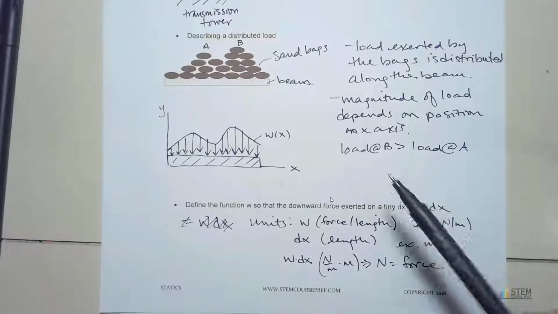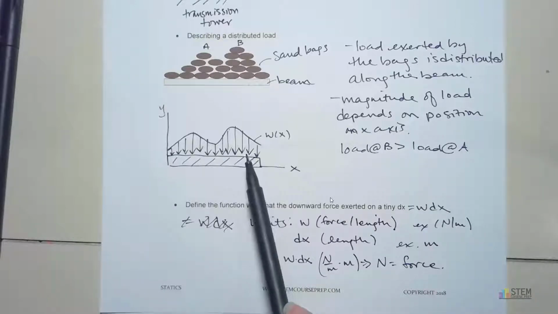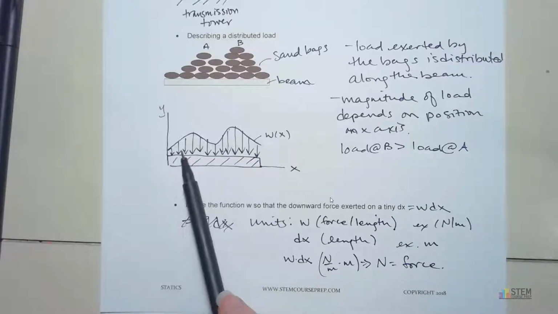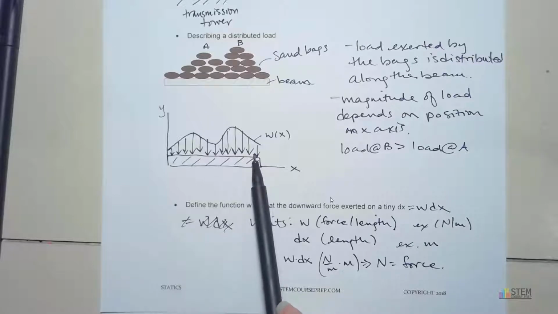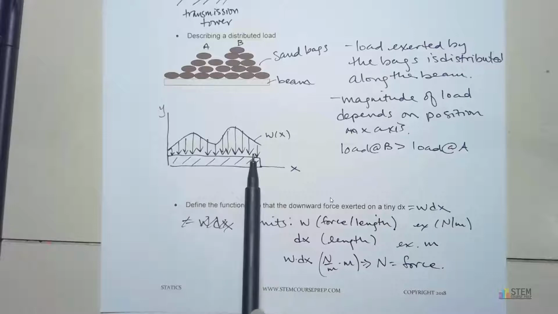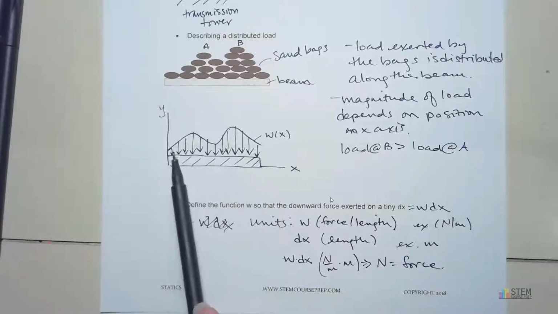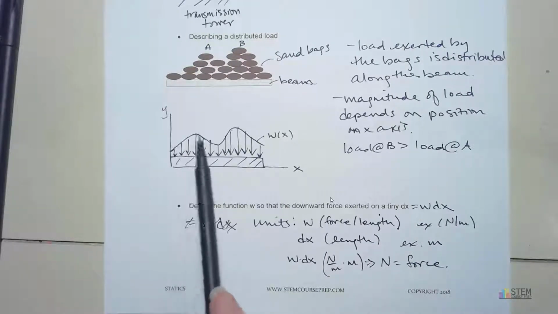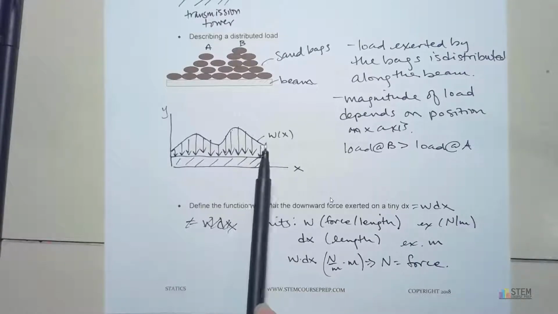Now, what we're going to do after we've defined this W, we need to find the resultant force for all of this. Okay, so you don't want to sit here and have to individually find all these forces because you're not going to be able to do that. So we need to find the resultant force, and we're going to do that using this W here.